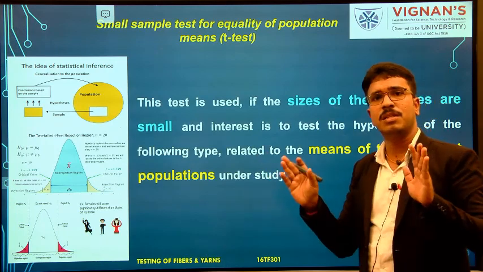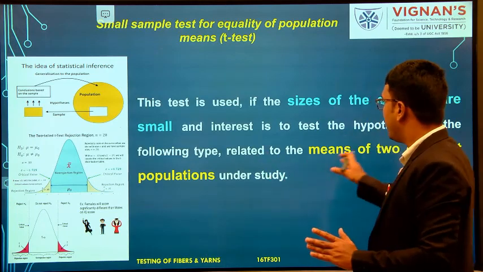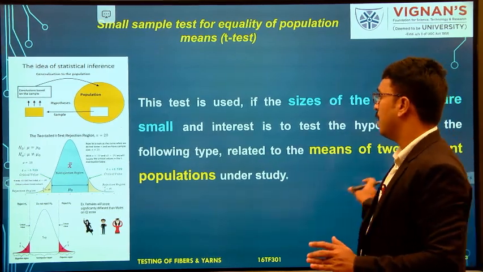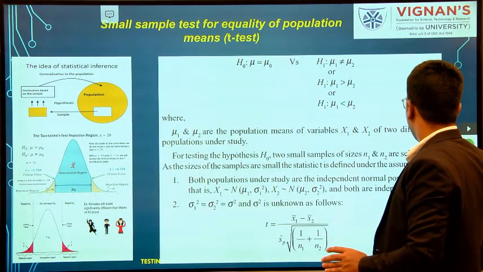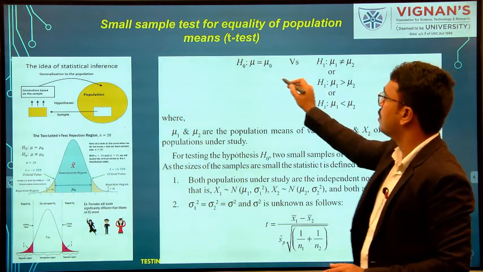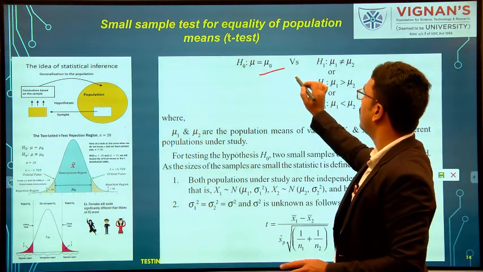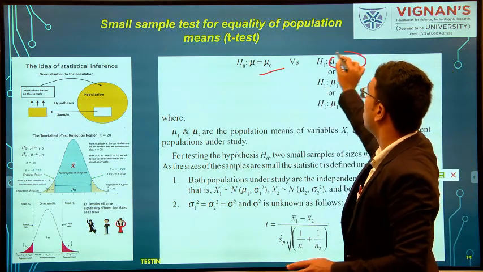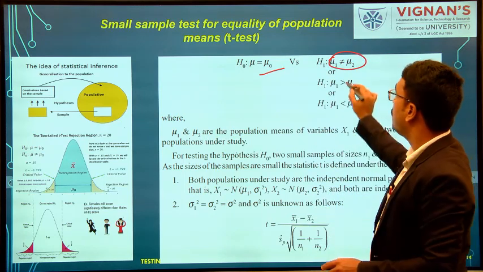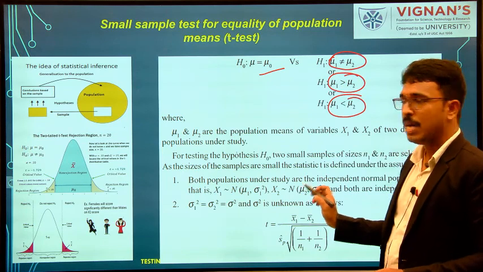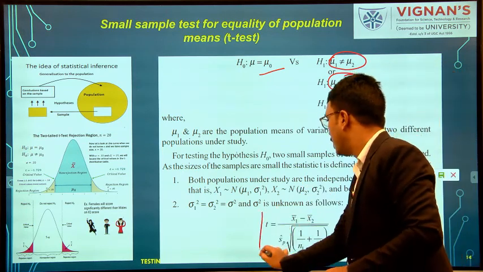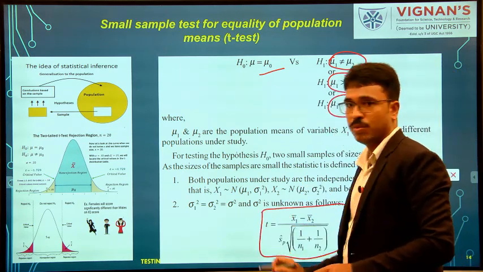The sample size is small only, but the means of two populations are there in the study. Now you can see this is how we need to take the statistic. Like you see, H naught is mu1 equal to mu2, and the alternative is mu1 not equal to mu2, or mu1 may be greater than or less than mu2. Understand? So here you can see this is the statistic we need to use.